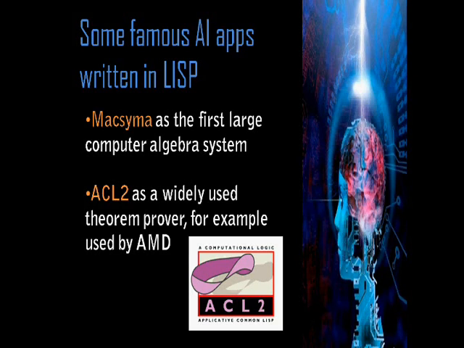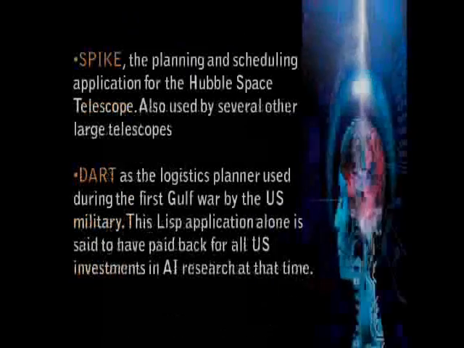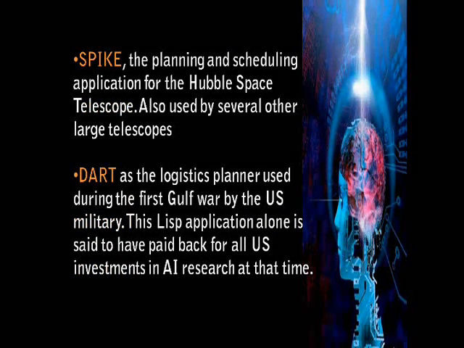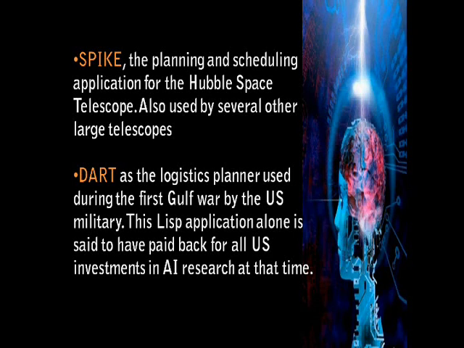Maxima, the first large computer algebra system. ACL2, a widely used theorem prover, for example used by AMD. Spike, the planning and scheduling application for the Hubble Space Telescope, also used by several other large telescopes.